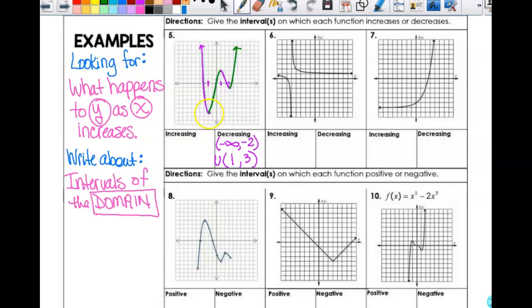So yes, I start increasing from this point, but again, I don't care what that y value is. I start increasing when x is -2, and I increase until x is 1. Then I union that with, start back over when x is 3, and I keep going until x is infinity.